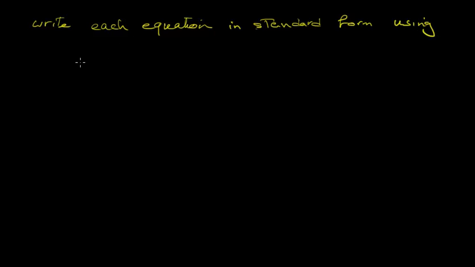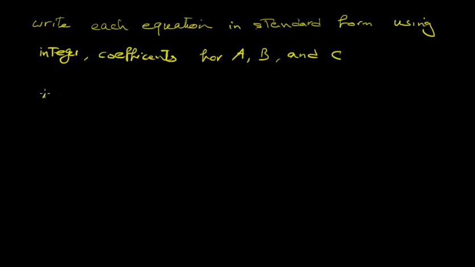And the last one is, write each equation in standard form using integer coefficients for A, B, and C. So we have y equals 5x plus 8, y equals 5/6 x minus 7.